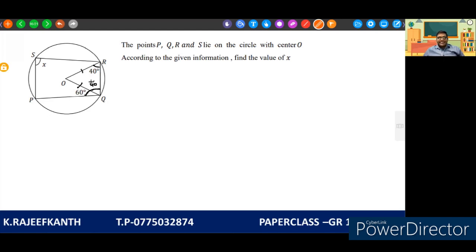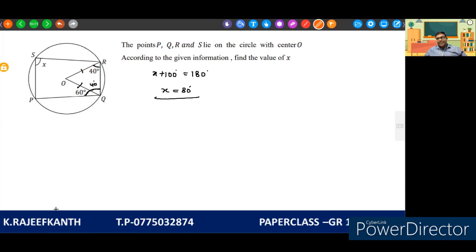Because this one is 60 and this is 40, angle PQR is equal to 100 degrees. Now we know that x plus 100 is equal to 180, because those two are opposite angles of a cyclic quadrilateral, and opposite angles are supplementary. Then x is equal to 80 degrees.